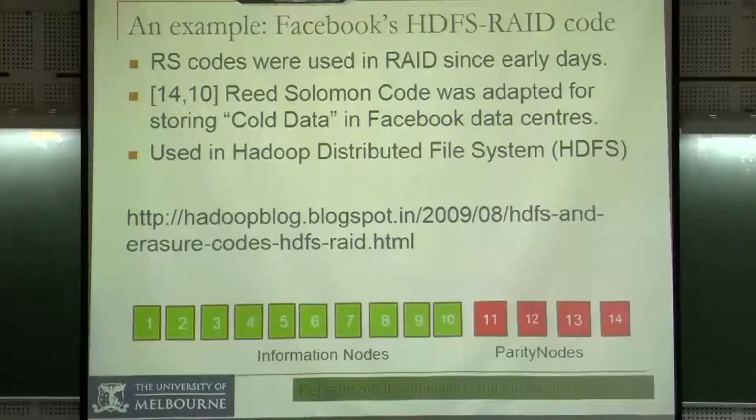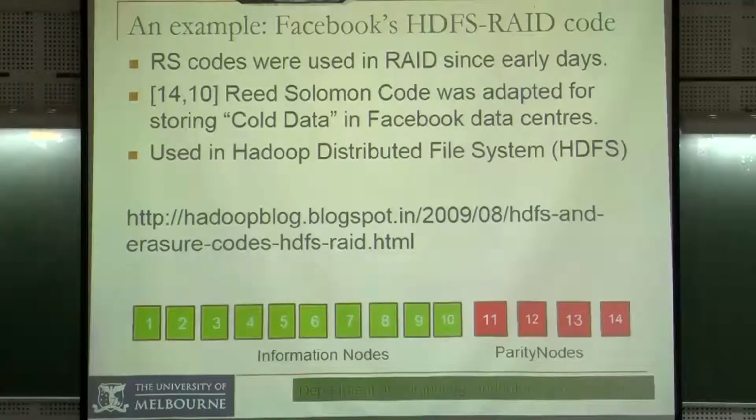For example, in the 11th node, the byte is simply the exclusive-or sum of all the other ones. So the first byte in all these blocks will be related to the first bytes of the parity nodes through the Reed-Solomon equation. Once you have one such equation, you can run through as many as you like. That's the kind of system that exists right now.